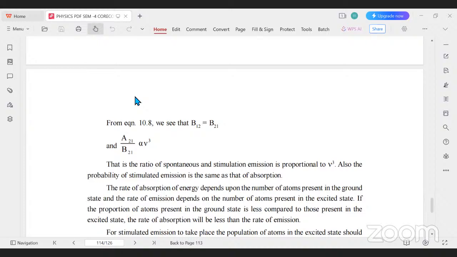We see that B12 is equal to B21, and A21 by B21 is proportional to V cubed, so the ratio of spontaneous to stimulated emission is proportional to V cubed. Also, the probability of stimulated emission is the same as that of absorption. How the absorption takes place, how the emissions take place, and how the stimulated electrons are calculated is given by spectroscopy.